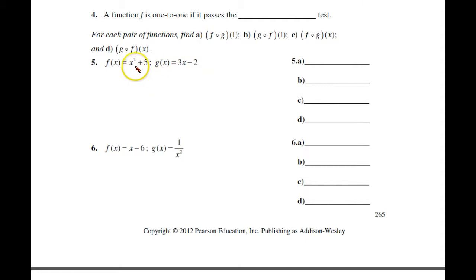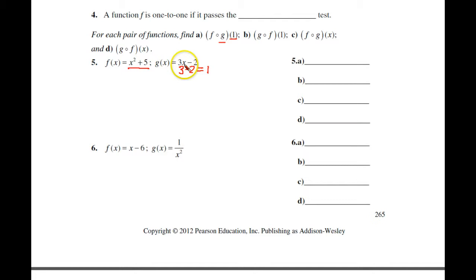So again, they have it laid out for what the functions are. And again, we're going to apply a 1 there first. So since g is listed first, we're going to take the 1 and put it where x is here. So this is going to be 3 times 1 is 3, minus 2, that's going to give us a 1.